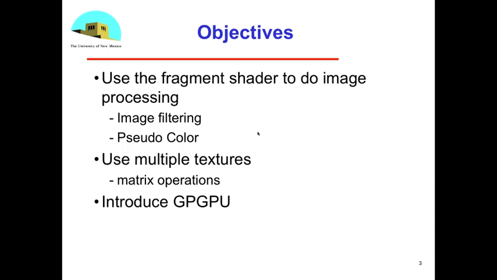What we'll look at in this lecture are a couple of things. One is to do some standard image filtering operations, things like smoothing and edge detection, which are pretty straightforward once you get the idea of how we can use that fragment shader. We also want to look at what we call in image processing pseudocolor, where we start with a luminance image.